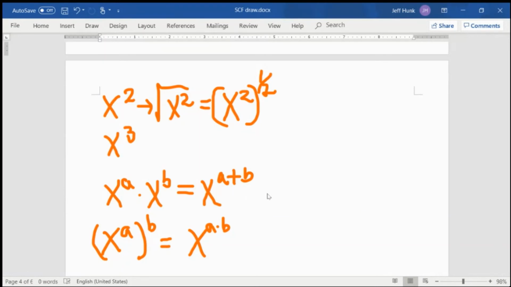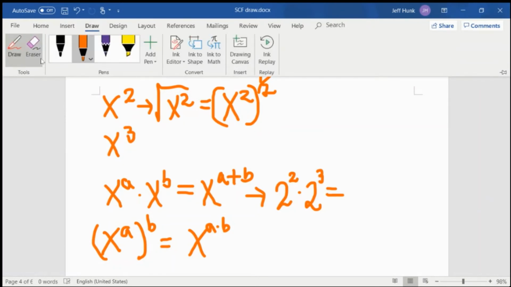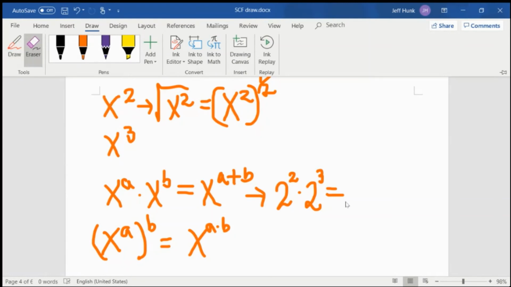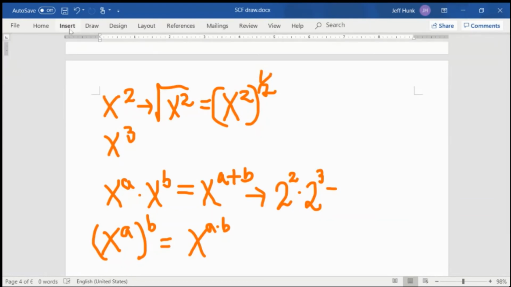Now, let's try an example. Suppose you have 2 squared times 2 cubed, 2 to the 3rd power. What is that? It's 2 to the fifth power by this rule, but let's check.